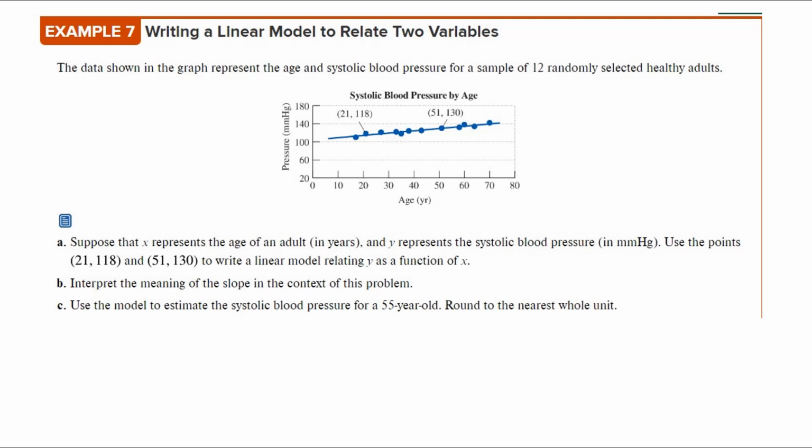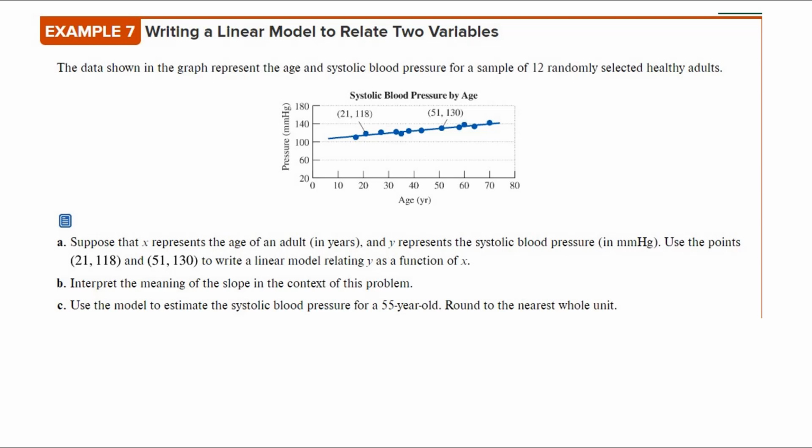So suppose that X represents the age of an adult in years and Y represents the systolic blood pressure in millimeters of hemoglobin. Use the points 21,118 and 51,130 to write a linear model relating Y as a function of X. So the blood pressure is Y and your age is X. Those are the vertical and horizontal axes on this graph.